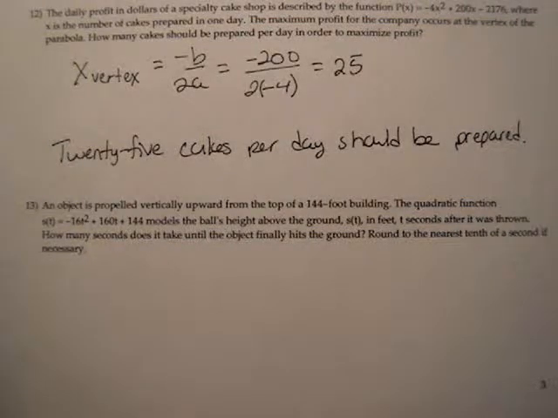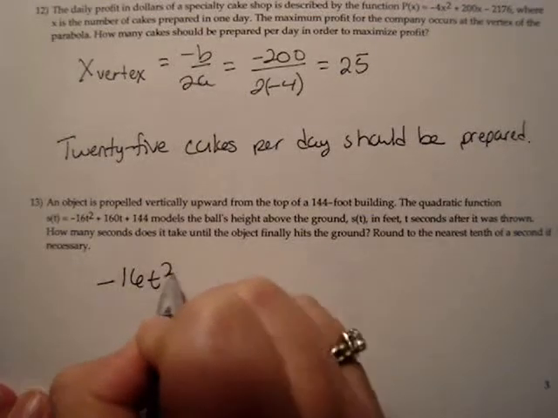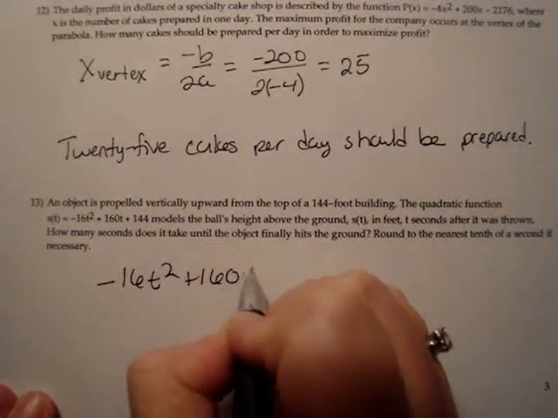Okay, how many seconds does it take, we're looking for time, until the object finally hits the ground? We're looking for time, so they need to tell us about the height. Well, they told us we want our object to be on the ground. What's the height of an object on the ground? 0. Okay? So this has nothing to do with the vertex at all.